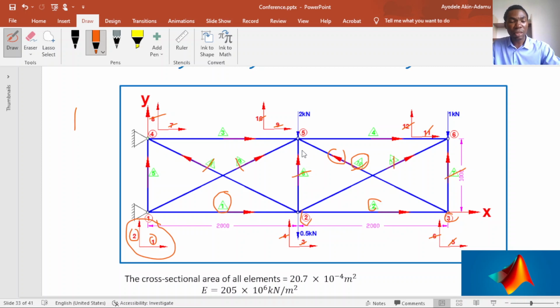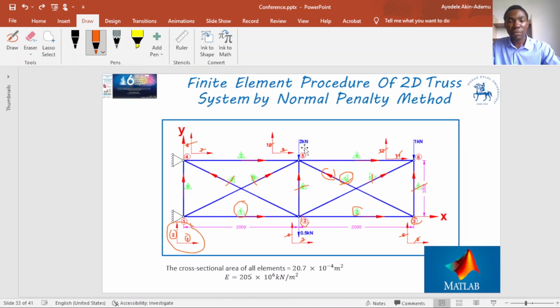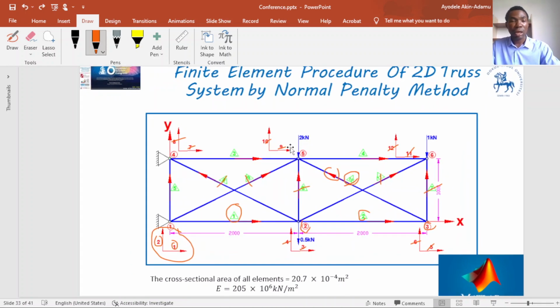So after we have done this, we can now move to the Matlab environment and start defining our local stiffness matrix, defining our global stiffness matrix, calculating the displacement vector, calculating the internal force, and all that.